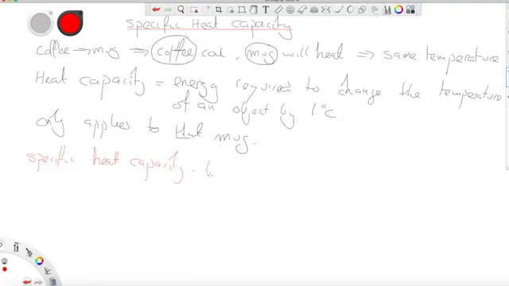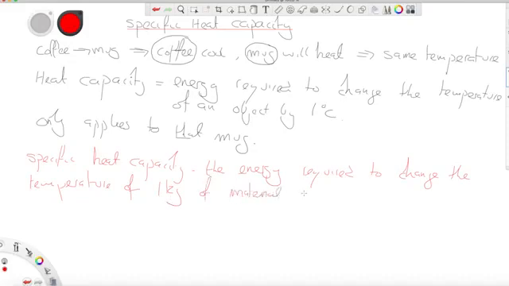So this is the energy required to change the temperature of 1 kilogram of the substance, of a material, by 1 degree C, and just for completeness, without change of state.